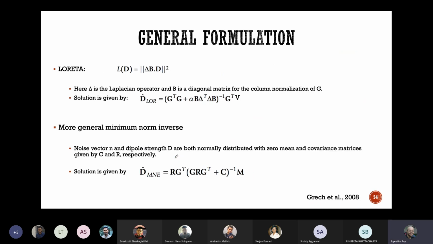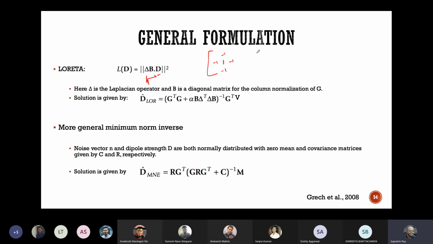Okay. And finally, when you get to Loreta, essentially it's the same formulation as before, but now you pre-multiply D with two matrices. One is this delta. It's a Laplacian operator, still a matrix. Actually, it will look something like this.